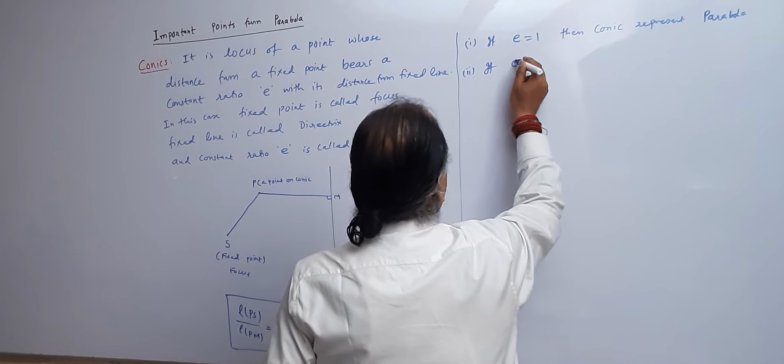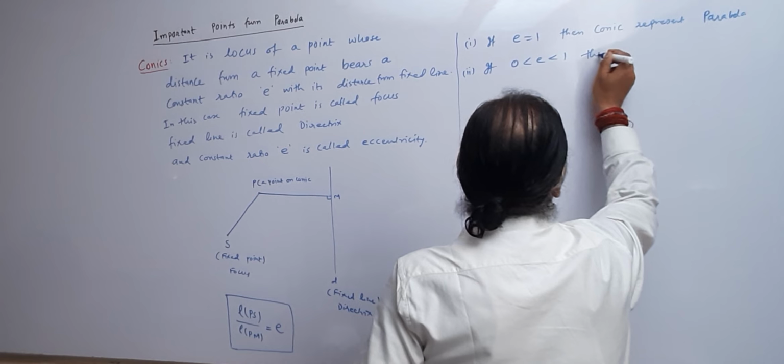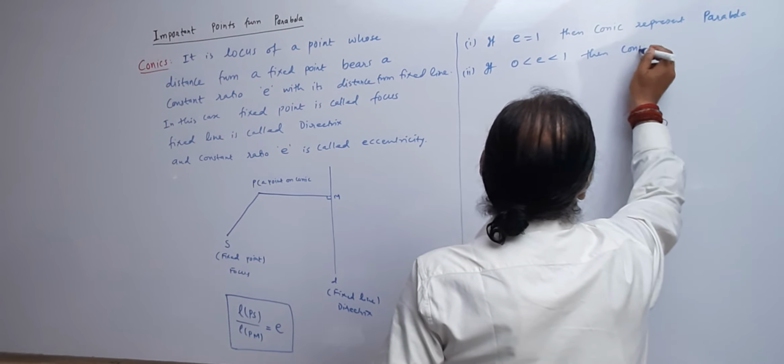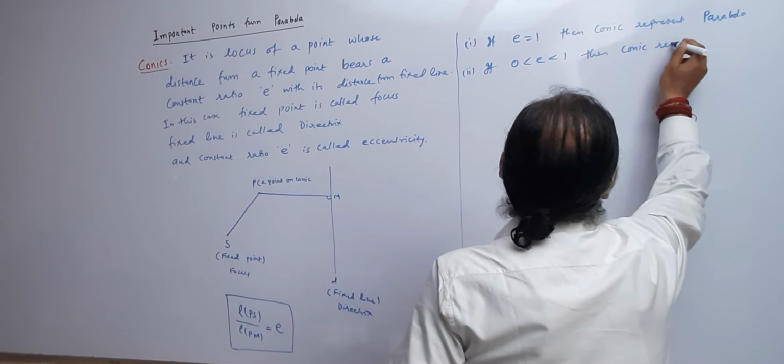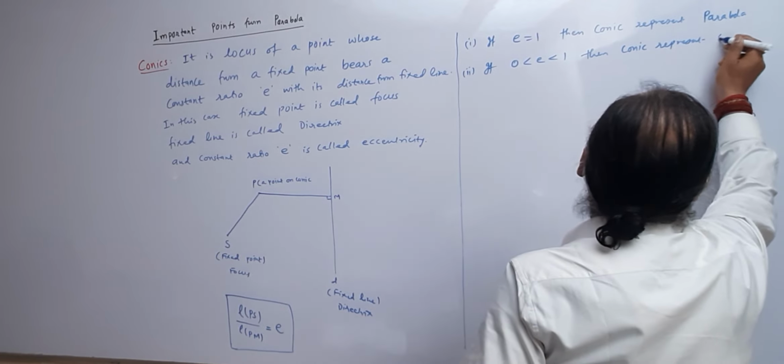If 0 less than e less than 1, then the conic represents an ellipse.